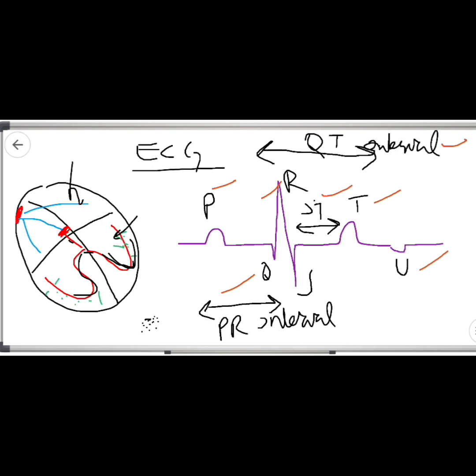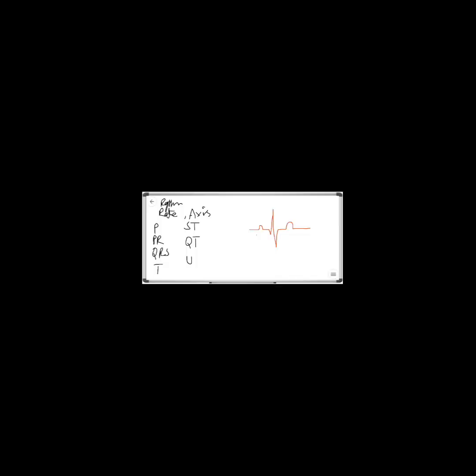Let me write it in a separate way, because this is something we are going to discuss in our next videos. Up to now we have the P wave, the PR interval, the QRS complex, the T wave, the ST segment, the QT interval, and the U wave. This is what we are going to discuss in our videos.